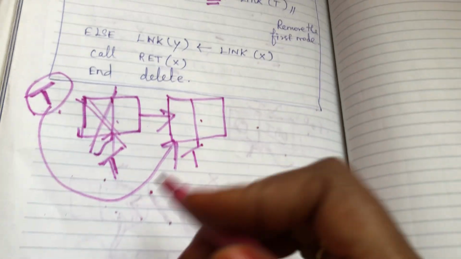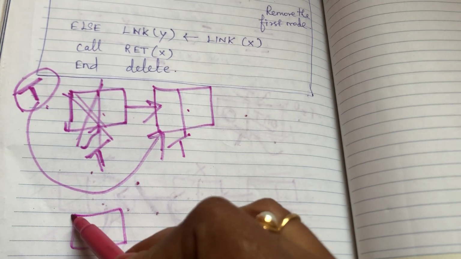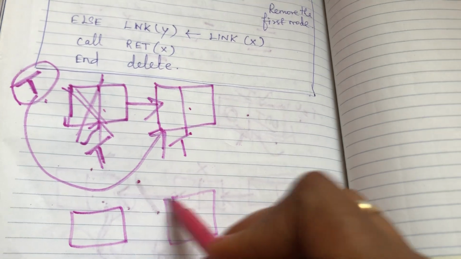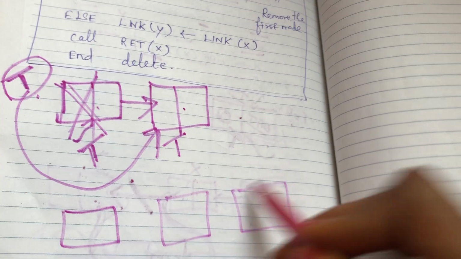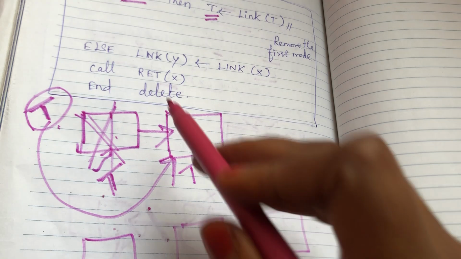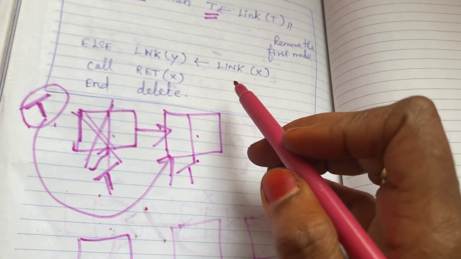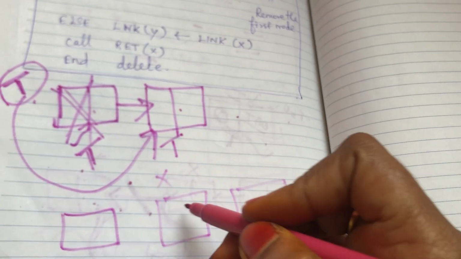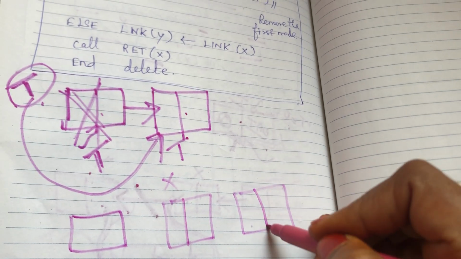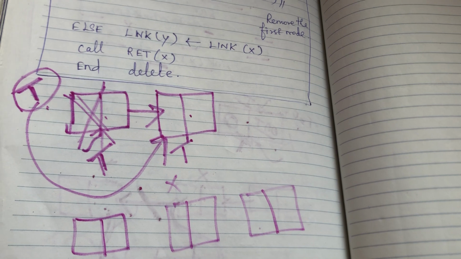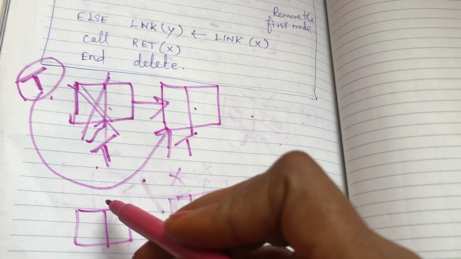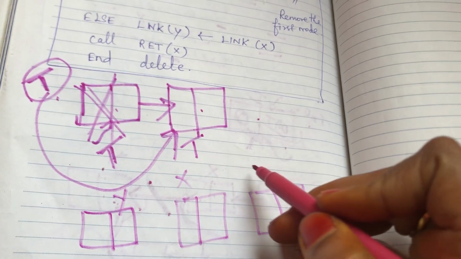In case I am going to delete an in-between node, else link of y is given to link of x. Consider this is y, this is z.